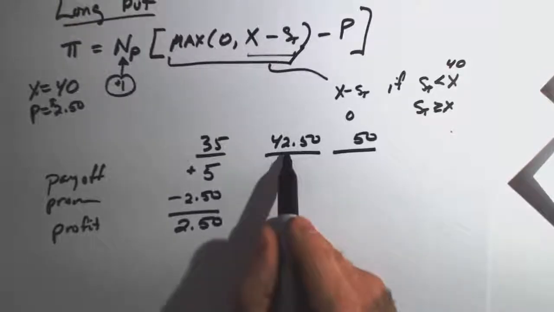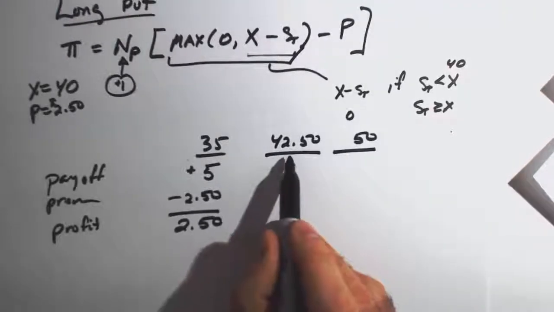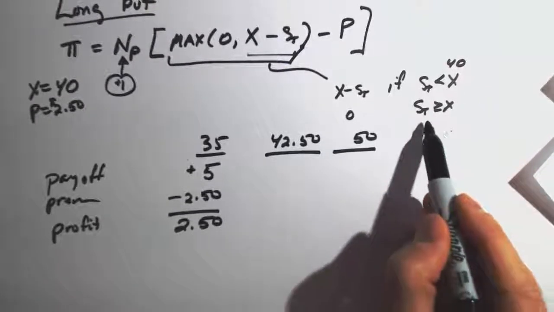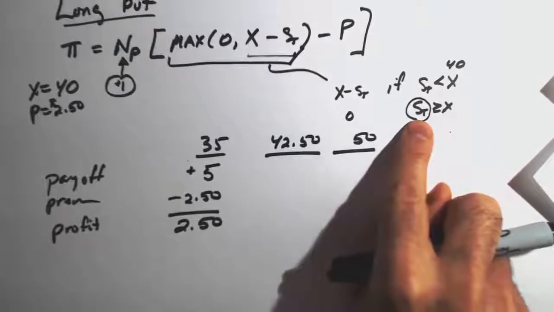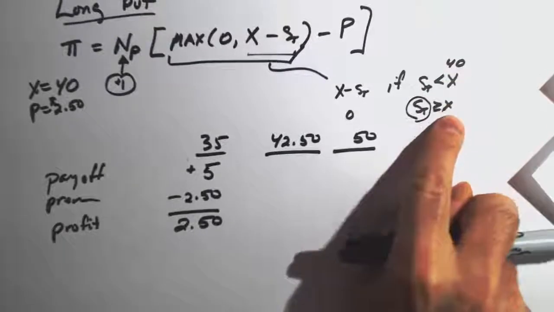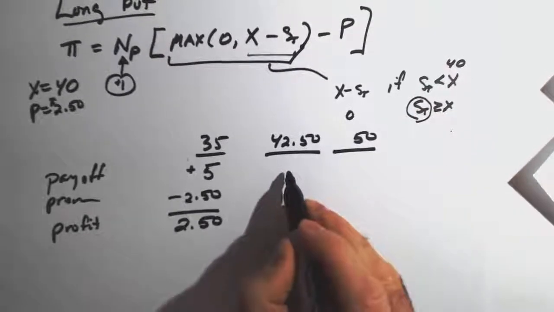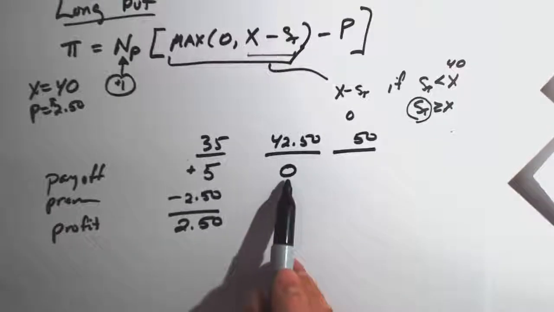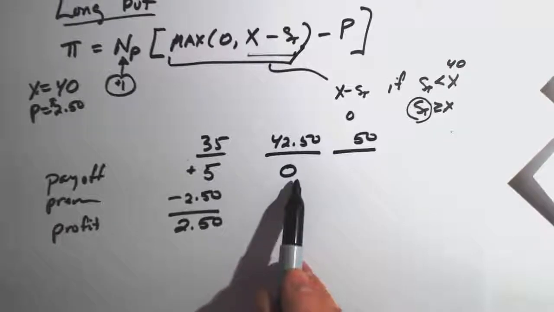Okay? Now at $42.50, let's see what the payoffs and profits are. Well, the stock price now at $42.50 is above the 40 strike. The payoff is 0. This option has no payoff because it's out of the money.